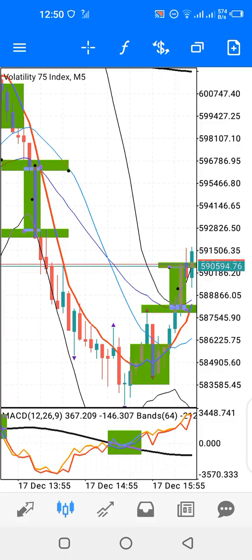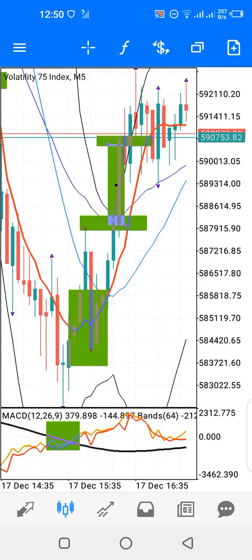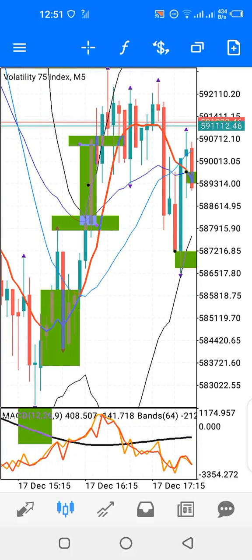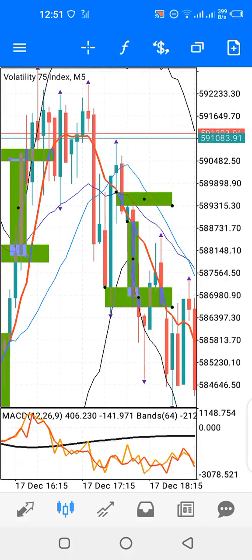Now if you are comfortable with the backtest, then you try some trades on a demo account. Check your performance on the demo account. If you are satisfied with your performance, then you can go live. So when you learn about a new strategy, don't just go live.